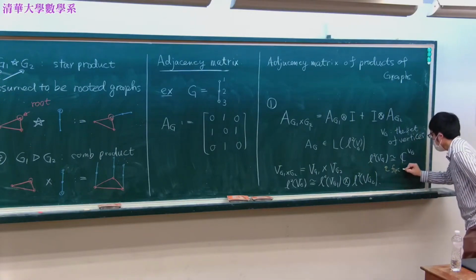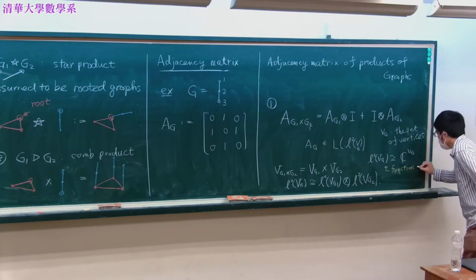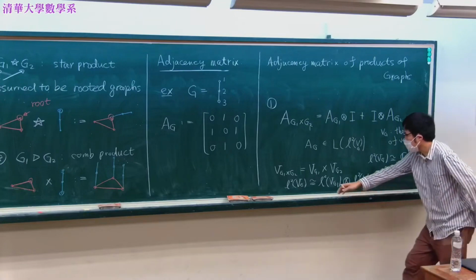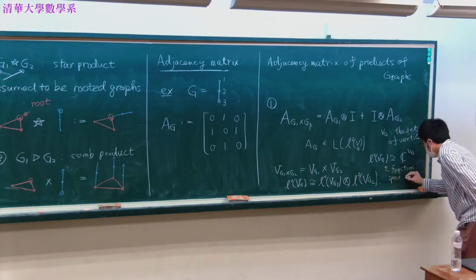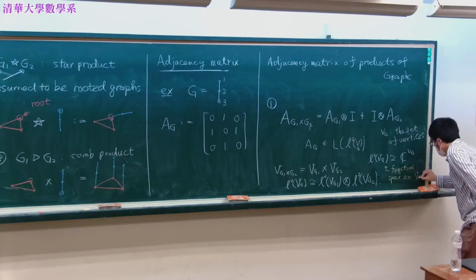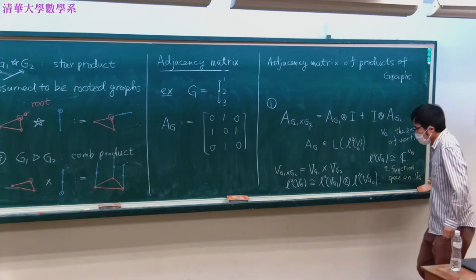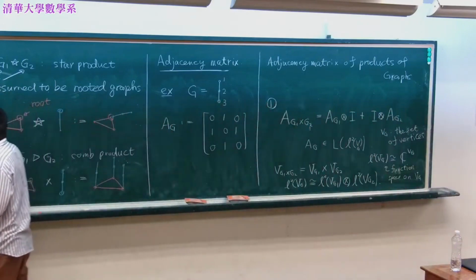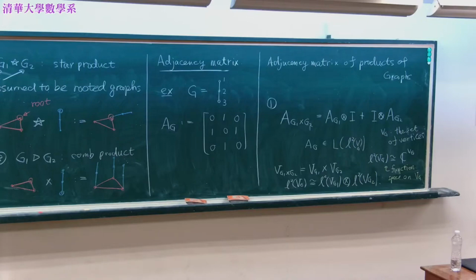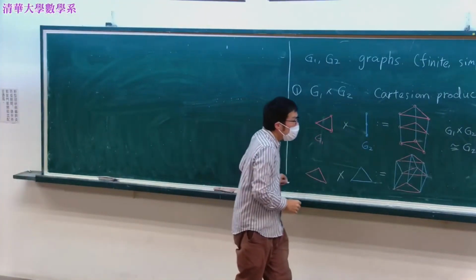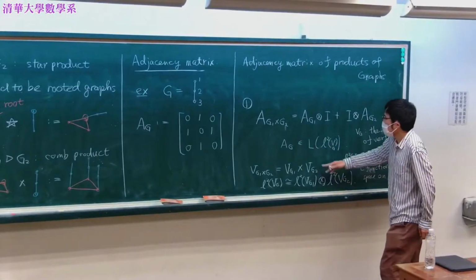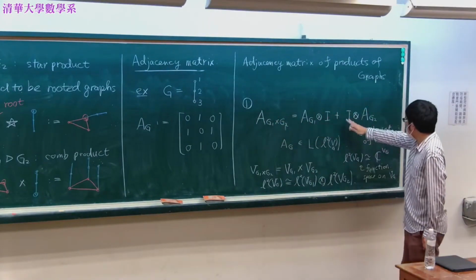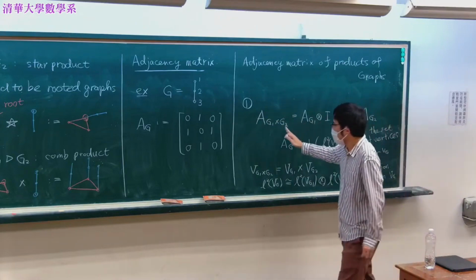So this is a function space. Okay, so under this identification, we have this decomposition formula for the adjacency matrix of the Cartesian product.